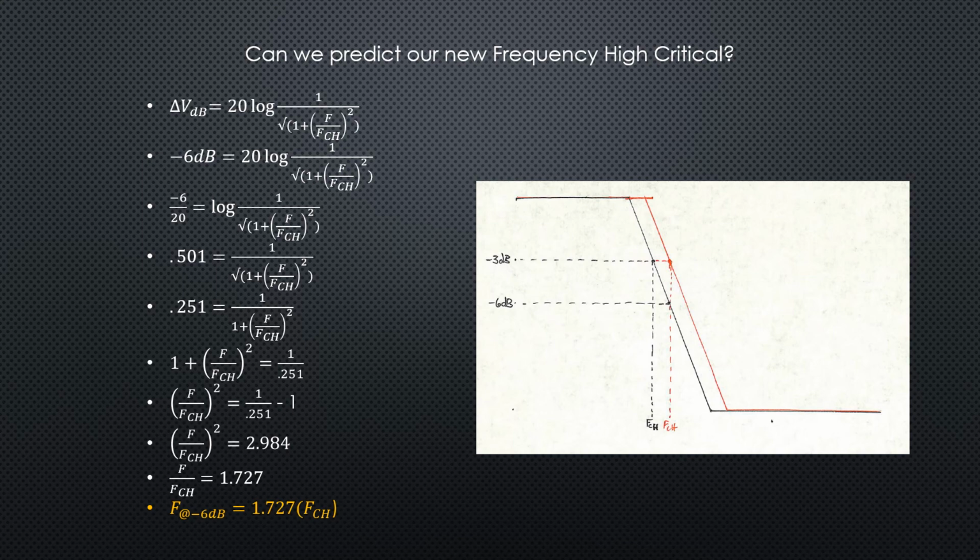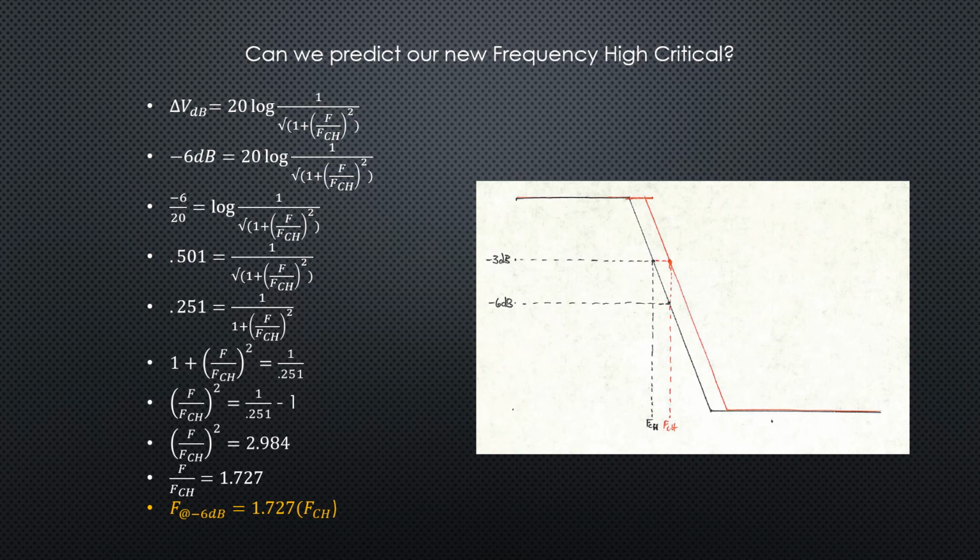The formula is the gain in dB is equal to 20 log of 1 divided by the square root of the quantity 1 plus the quantity of some frequency divided by the cutoff frequency, squared. And what that is telling us is we can figure this all out because everything has the same roll-off. So we know that everything rolls off 20 dB per decade. So that's where this formula comes from.